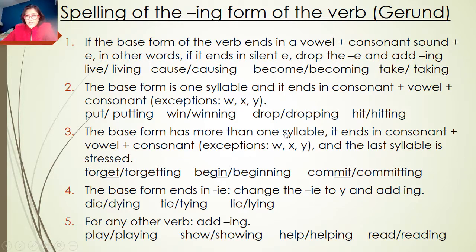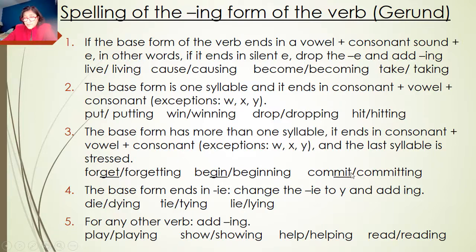The base form has more than one syllable. It ends in a consonant, vowel, consonant, and the last syllable is stressed. The same situation. If we have more than one syllable, two syllables in this case: forget, forgetting. Begin, beginning. Commit, committing.